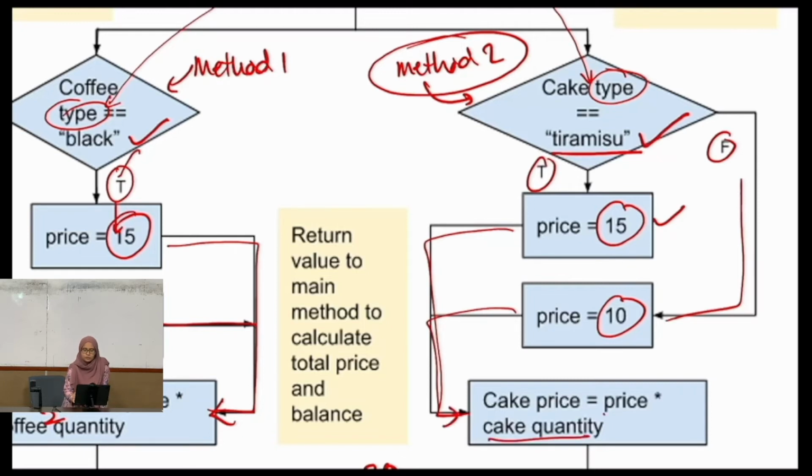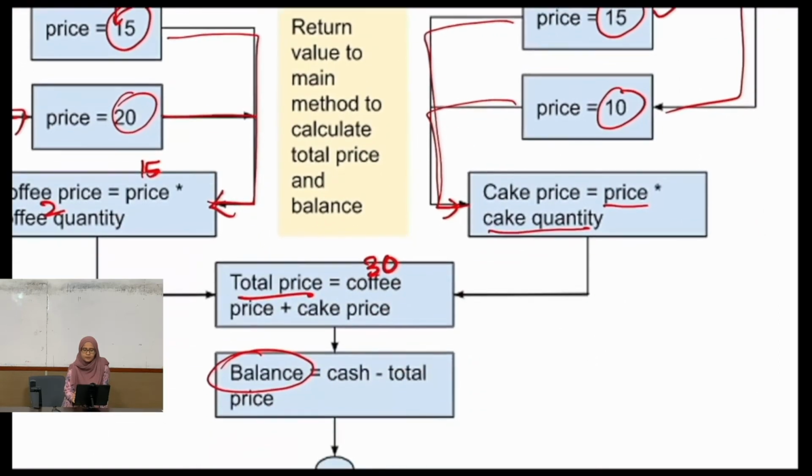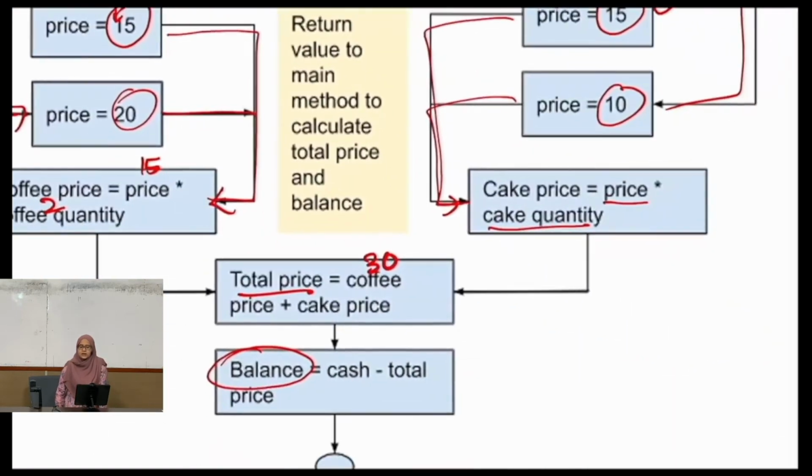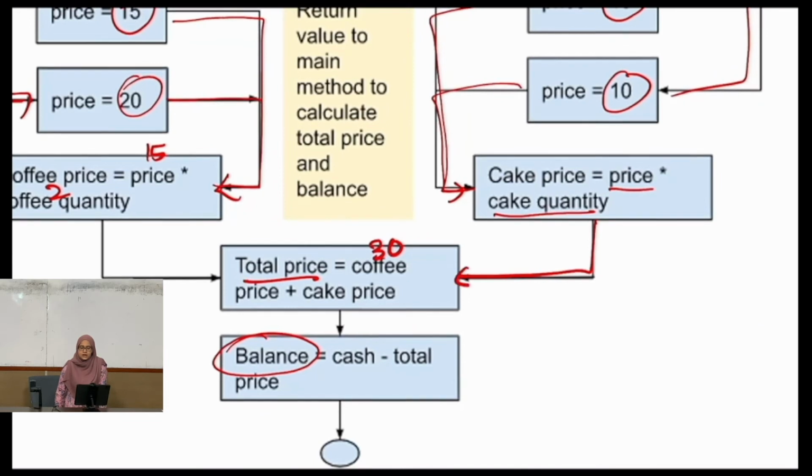Given that the total price of the cake is done, we'll pass the value to calculating the total price together with the coffee price. So coffee price plus cake price, you will get the total price of the order.